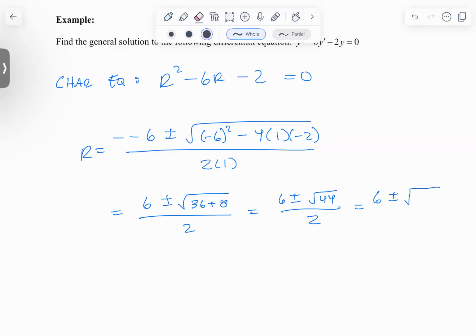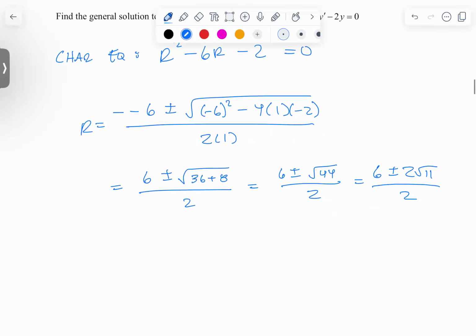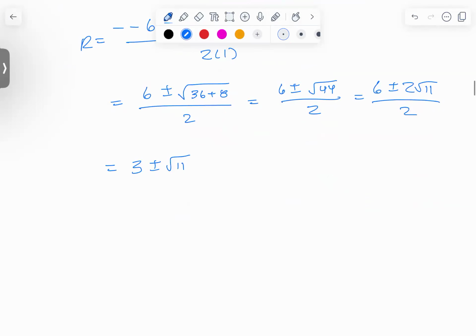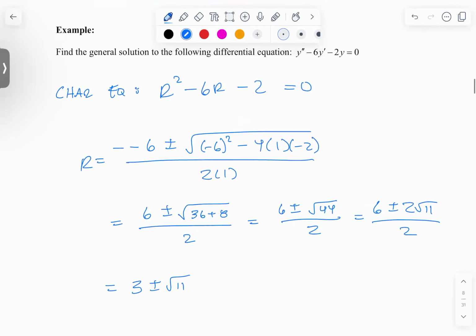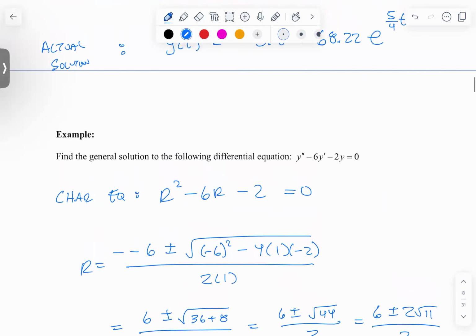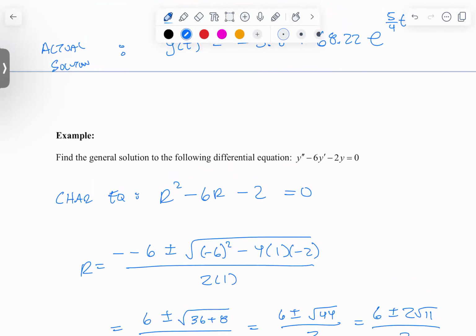Let's see, 2√11. Just to be precise, again, be precise when you can. Be aware, if this was an IVP, I would be doing the decimal all the way.